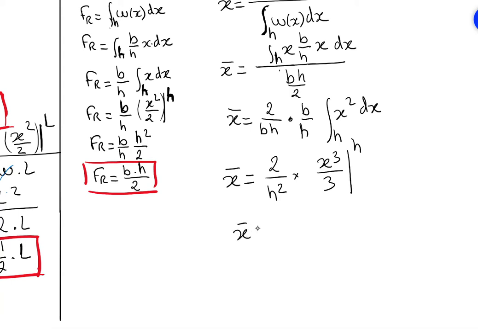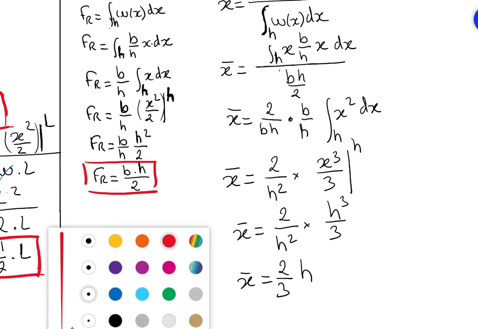So x bar is equal to 2, and I have 3 that I can take in front. I will do that in the next step. Times x cubed, I replace x by H cubed divided by 3. We are almost there. So x bar is equal to 2 divided by 3, 2/3, H cubed divided by H squared, H. We are there.